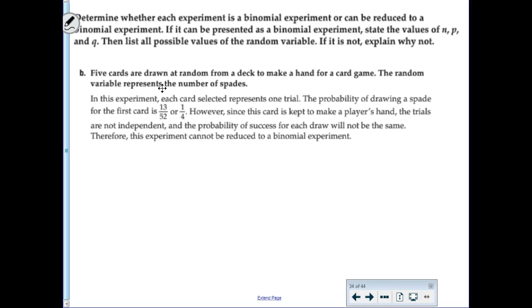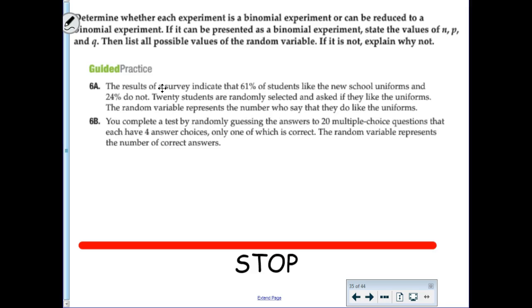Anyone who's watched poker on TV knows that every time something is put on the table or somebody throws down a card or picks up another card, those probability percentages all change. Obviously a computer's calculating it, not a human, but every time you move a card out of the deck, probabilities change. So you can't consider this to be a binomial experiment because every change that you make is going to affect the probability of success. It doesn't stay consistent like we wanted to see in the binomial. Alrighty? And then there's a big line that says stop, so I'm going to stop.